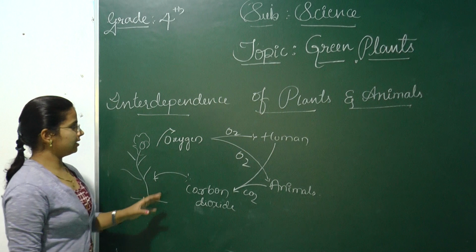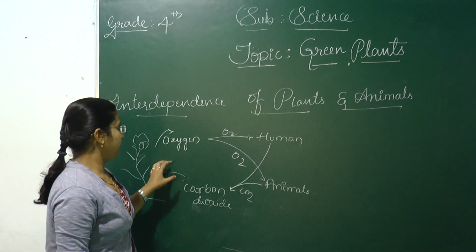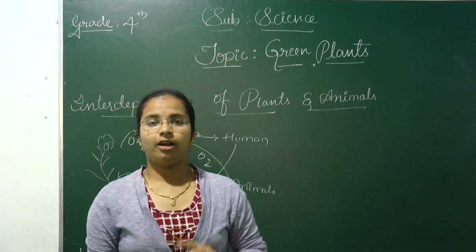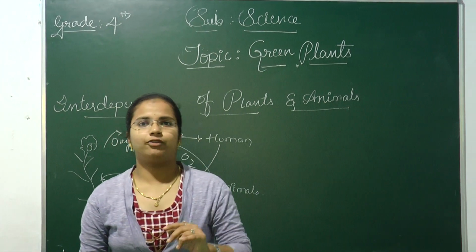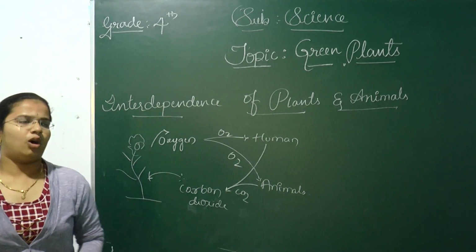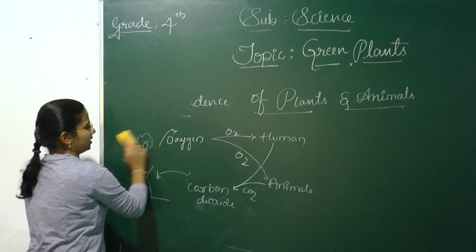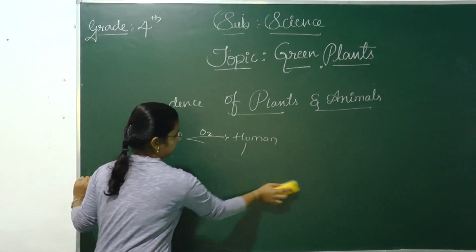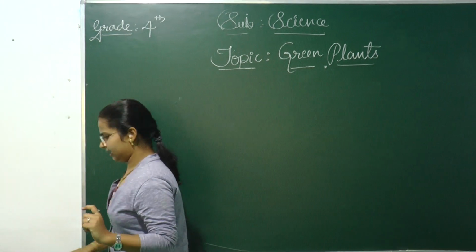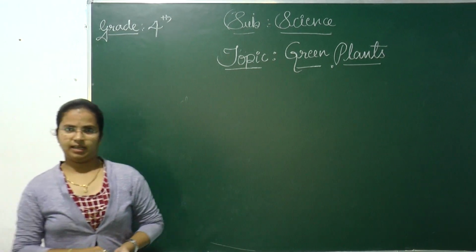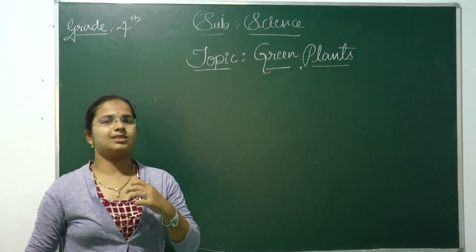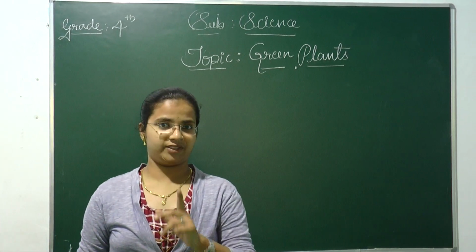By this process, we can tell that animals and plants are interdependent on each other for the sake of food and gases. Are all the plants present on the earth green in color? Some plants are not green in color but are still considered plants, and some plants do not even have leaves.